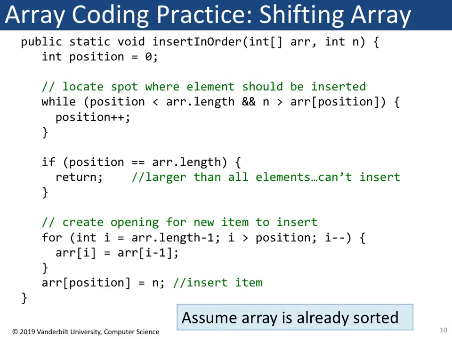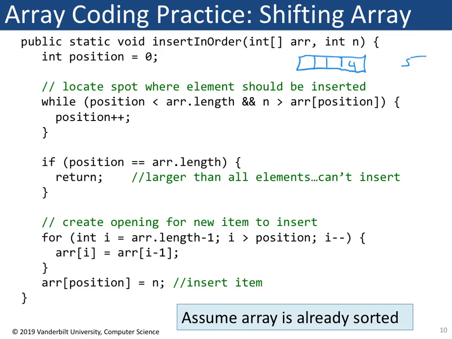If in our previous example we had 4 elements in this array, and we said we were inserting the number 5, if this value had been 4, then there would have been no element that 5 was less than. So when we processed position 3, we would have said, is the value 3 less than array length?